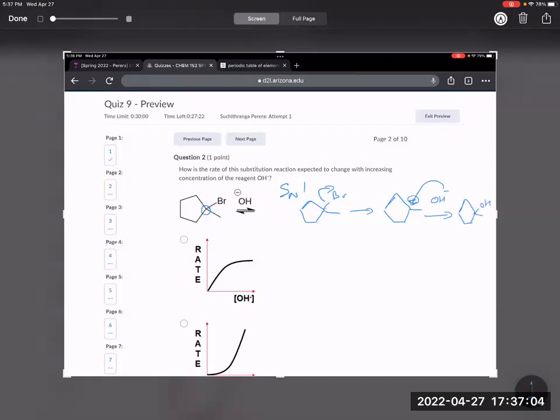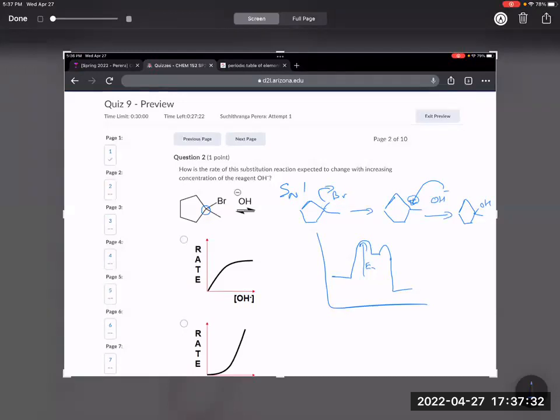In the SN1 mechanism, the slower step is the first step because it's a bond breaking, endothermic step. The second step is exothermic, so the diagram is going to look something like that. Because you have a high activation energy barrier for the first step, it will be slower, and the rate of the entire reaction will be determined by that step.